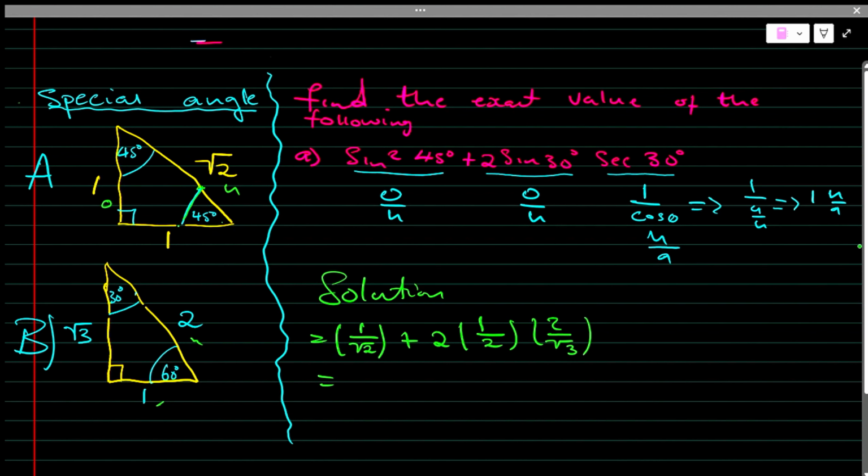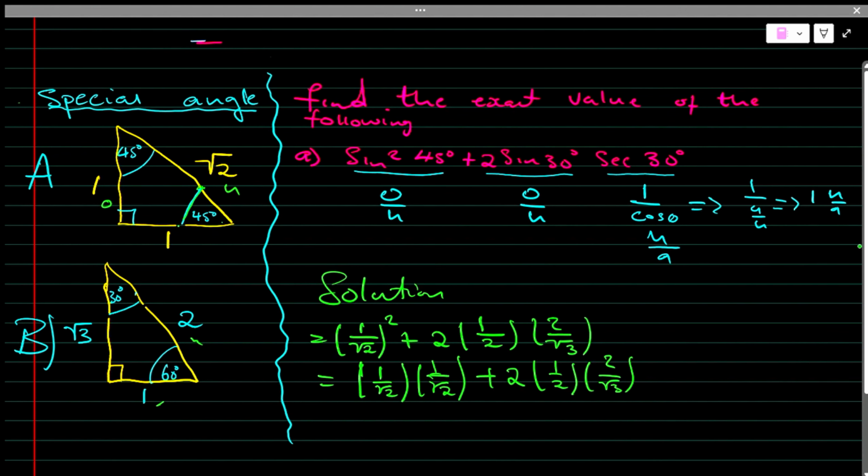So here, what is it that we are having? I forgot to put the square root, so this one is going to be 1 over square root of 2 multiplied by 1 over square root of 2, plus 2 times 1 divided by 2 multiplied by 2 over square root of 3.